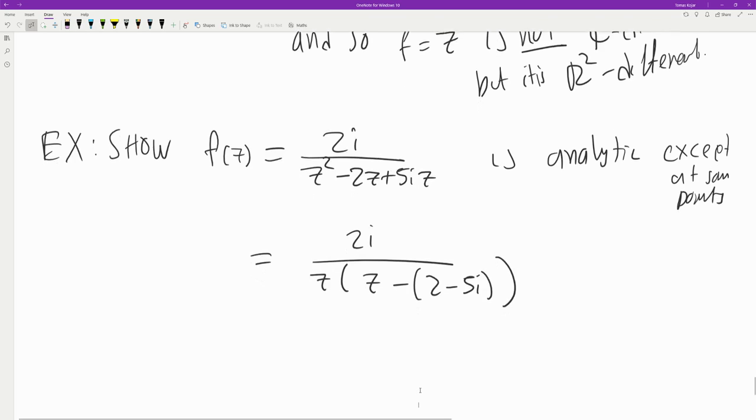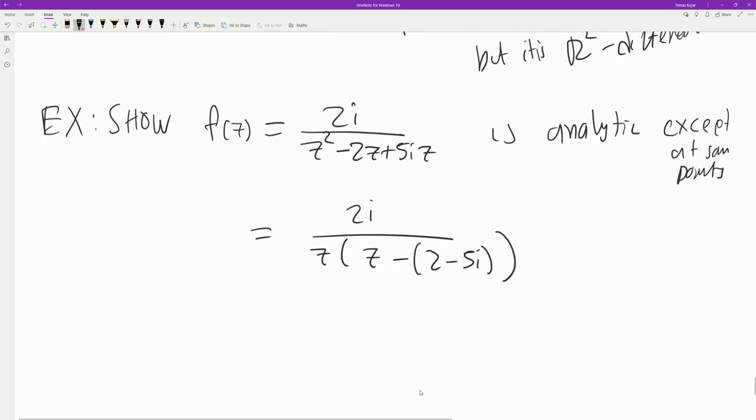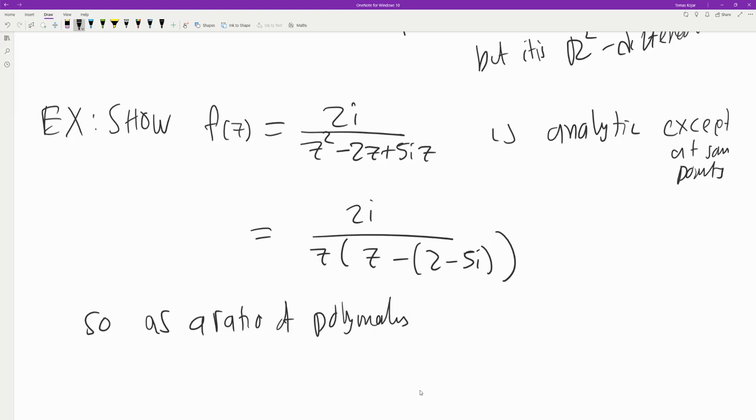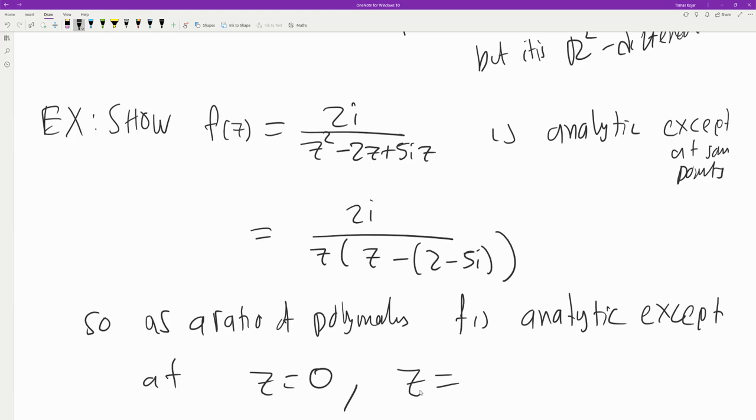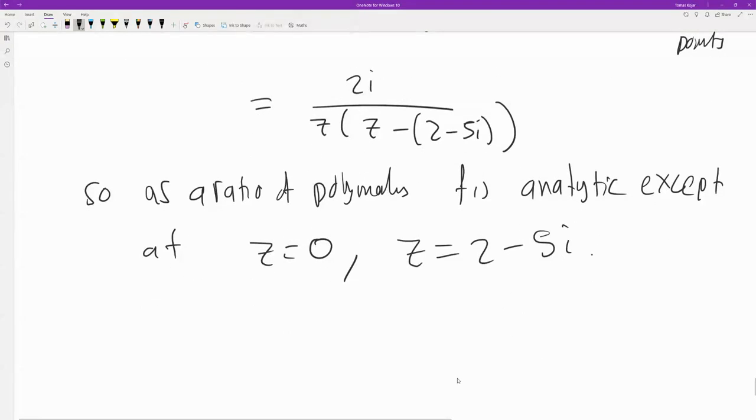Okay, so as a ratio of polynomials, f is analytic except at z equals 0 and z equal to 2 minus 5i. Okay, so that's it. Thank you.